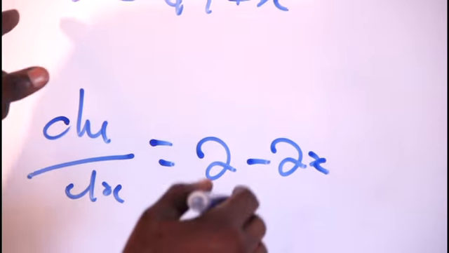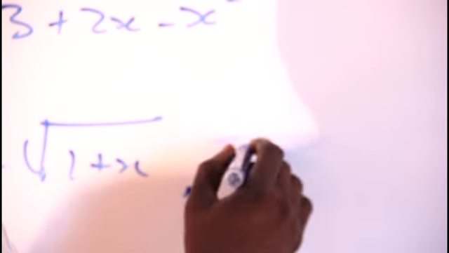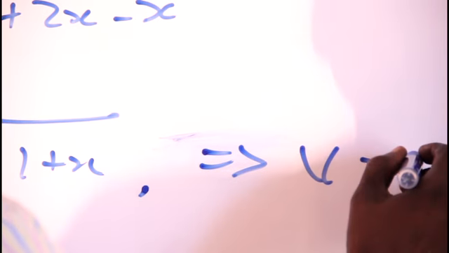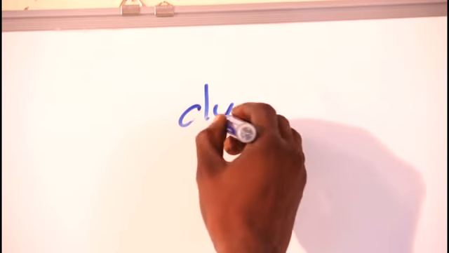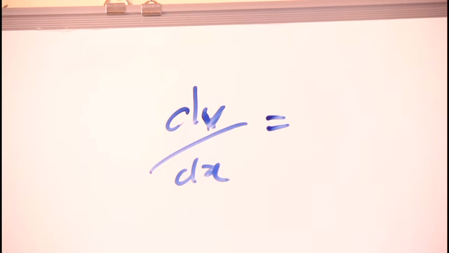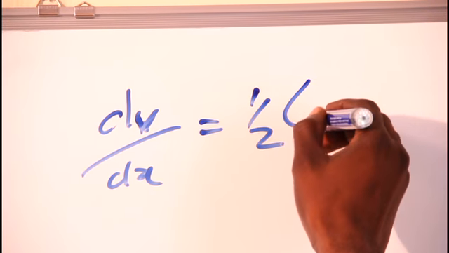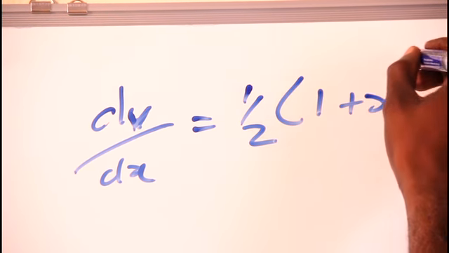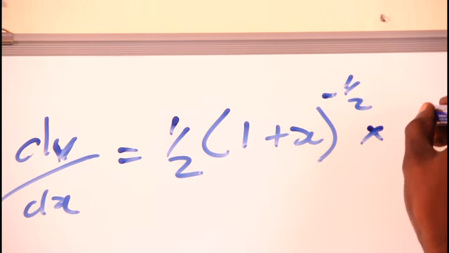Then for this, we know that this implies that v is equal to 1 plus x raised to power 1 over 2. So if we are going to find the derivative of the function v with respect to x, that will give us dv over dx equal to 1 over 2 into 1 plus x to the power of minus 1 over 2, then the derivative of this times 1.